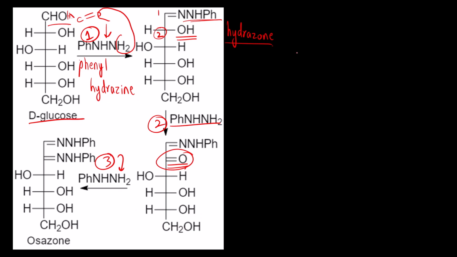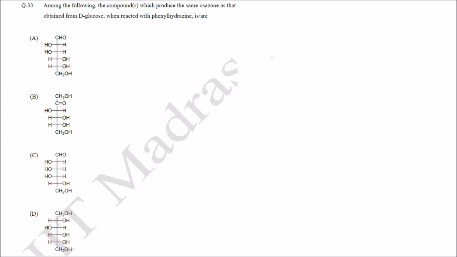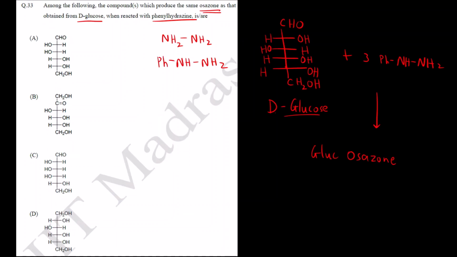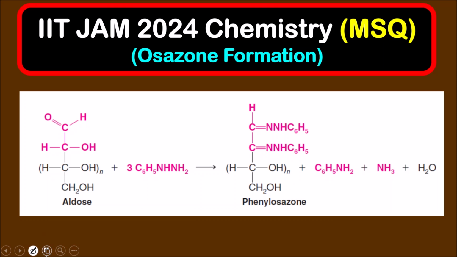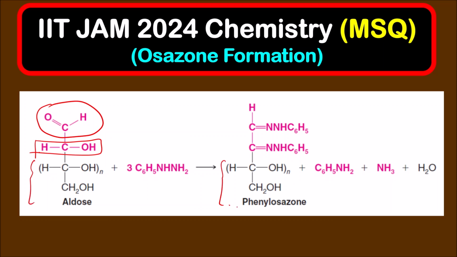So you can see what is exactly happening in this reaction is, only the first 2 carbons are reacting. The carbon 1, that is aldehyde, and the second carbon are reacting. The rest of the entire molecule remains the same.